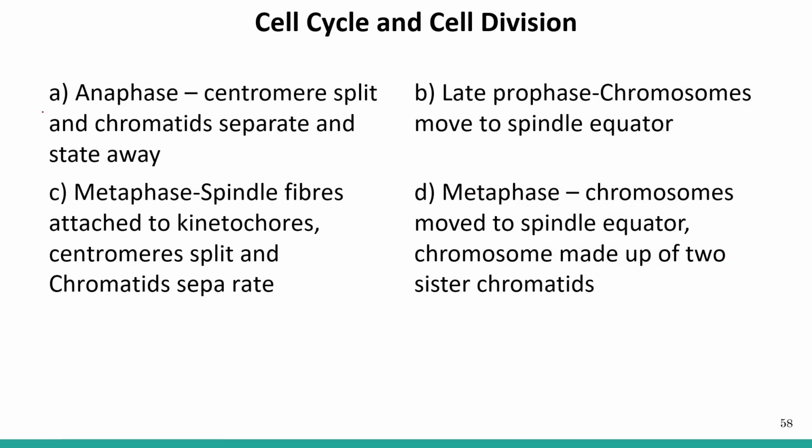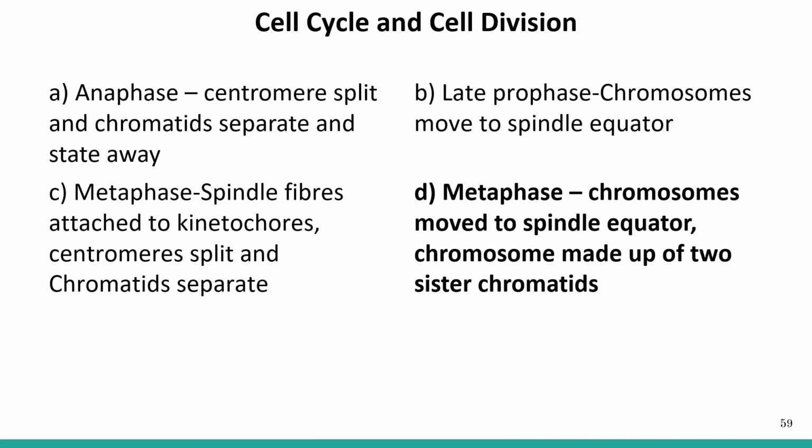Here are the options: anaphase, late prophase, metaphase, and metaphase again. So what should be the answer? This is the metaphase stage, and what are the characteristics? Chromosomes move to the spindle equator, meaning the metaphase plate or the equatorial plate, and chromosomes are made up of two sister chromatids.